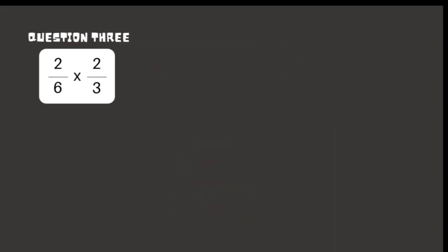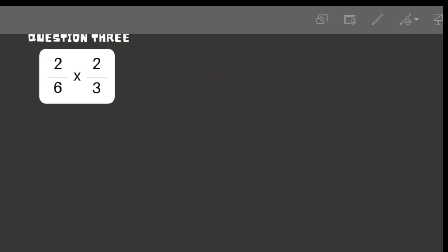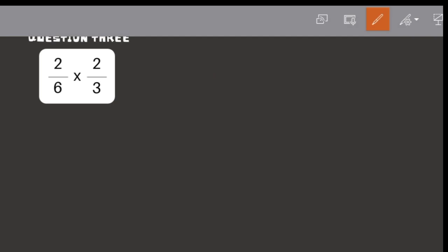Let's move on to question 3. We have here 2 over 6 multiplied by 2 over 3. Again, just need to get the numerators and the denominators, get their products, right? 2 times 2 is 4. 6 times 3 is 18.